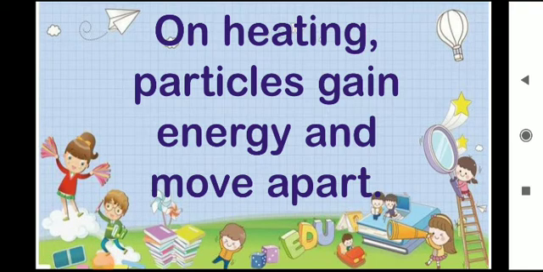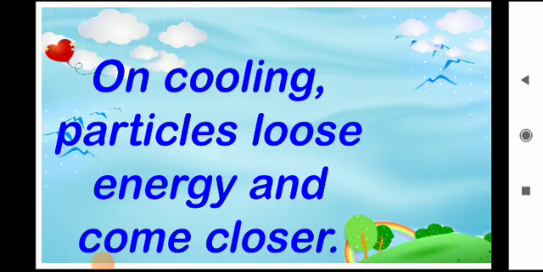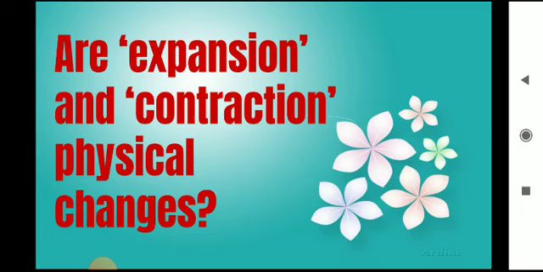And what happens on cooling? On cooling, particles lose energy and start coming closer to each other. This is contraction. Expansion and contraction both are clear. Our keywords are expansion and contraction, right? Are you clear about what is expansion and what is contraction?